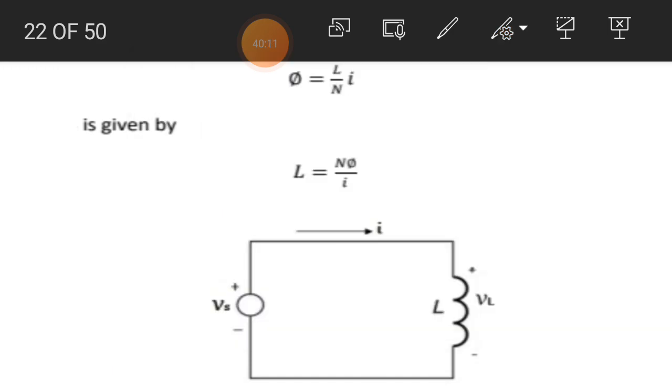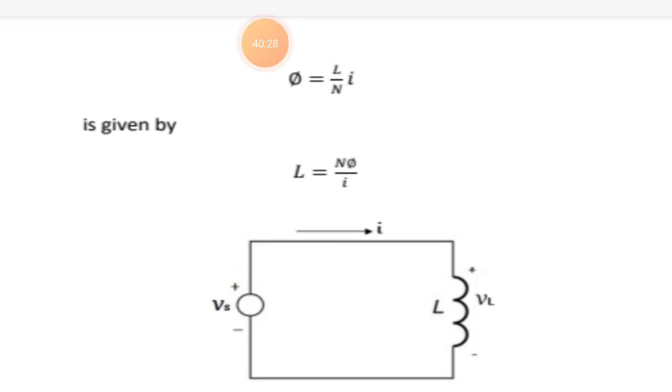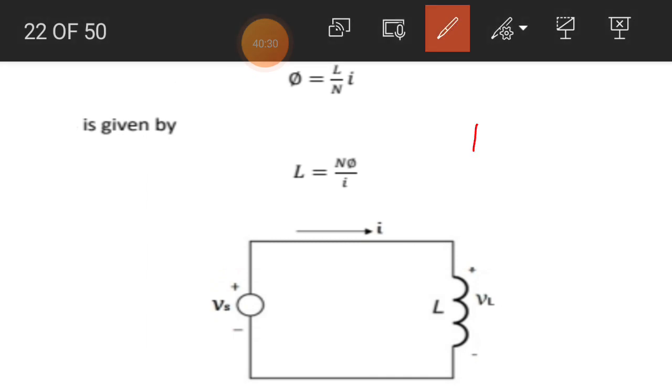So we consider a passive circuit element over here, which is known as an inductor. An inductor is basically a coil of n number of turns. So n is constant. N represents the number of turns of the coil, which is constant.